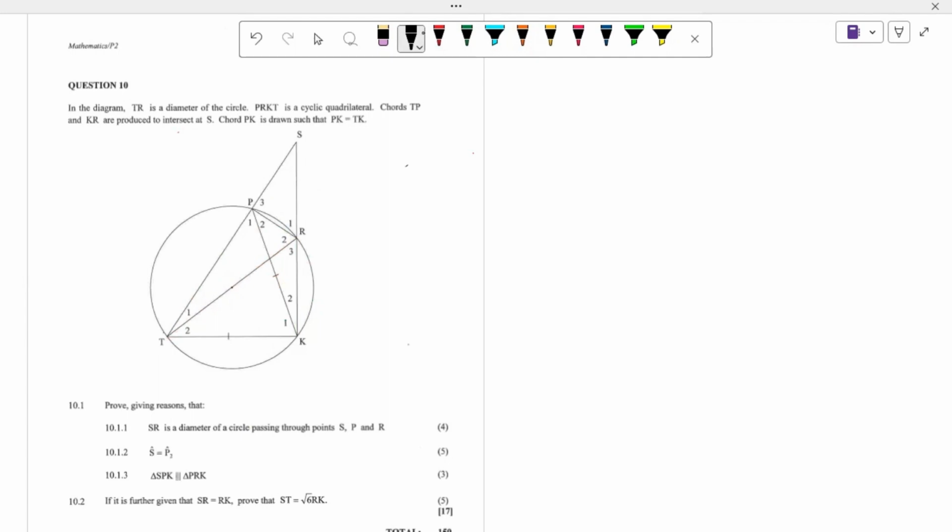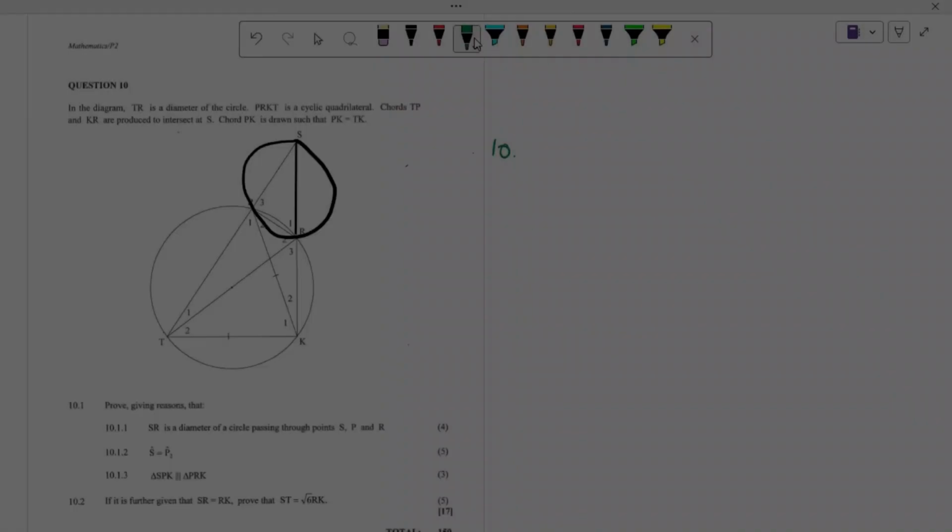So here we go. Here's my diameter. It's a new circle, that's why I am sketching it. Now we should prove that SR is my diameter.